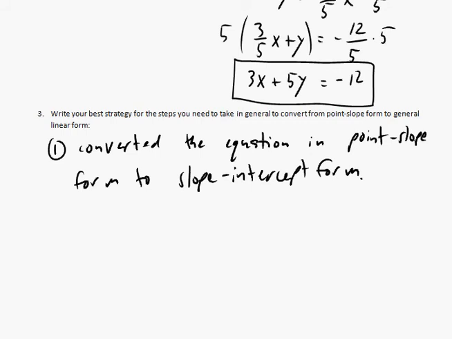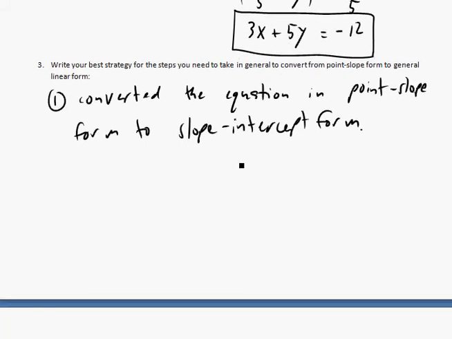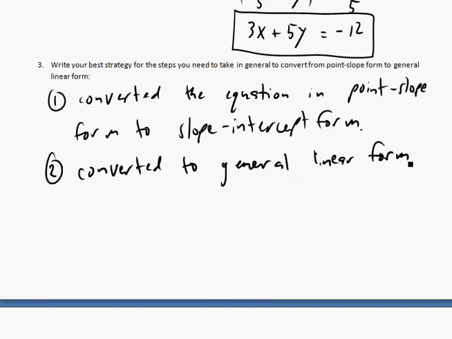And the way we did that was, as we did above, we distributed the slope and then we isolated the y. After that, we converted to general linear form. So in order to take the equation in slope-intercept form and get the equation in general linear form, we got the two terms with the x's and the y's together and the constant on the other side, and if necessary we multiplied by a constant in order to eliminate any fractions.